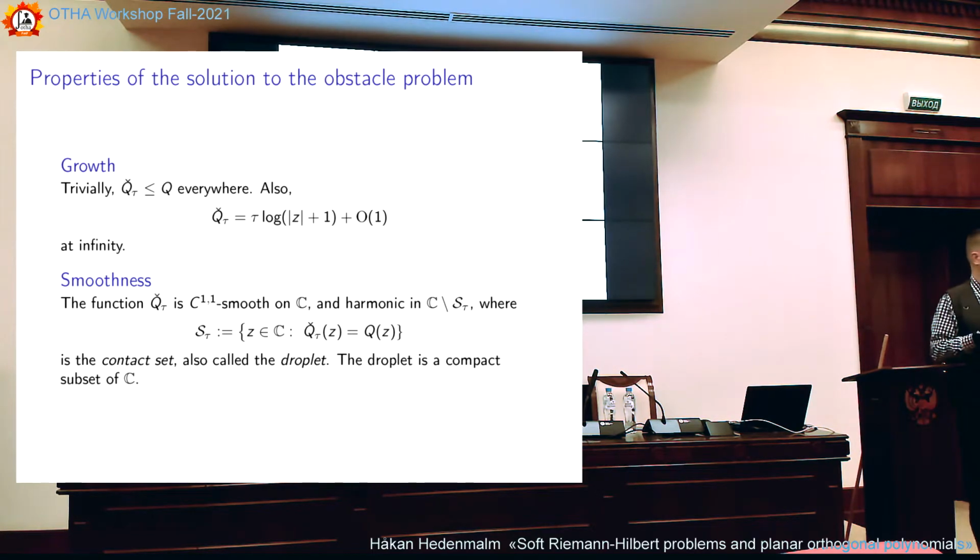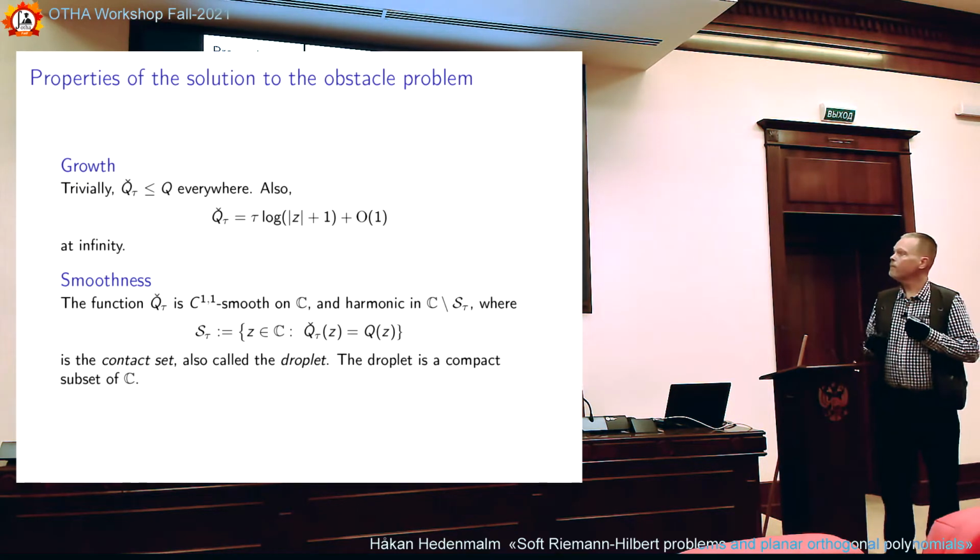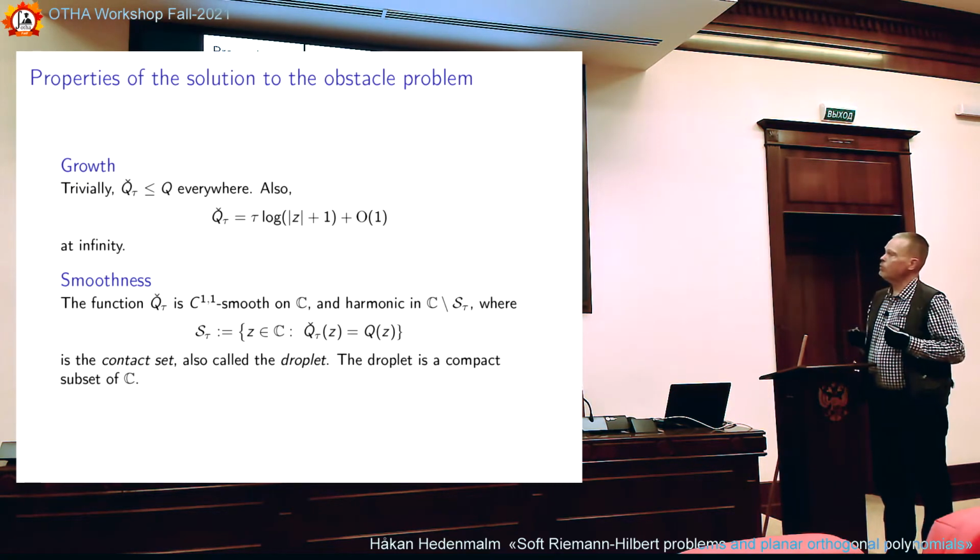It's the contact set for the obstacle problem. You try to reach the given function from below with subharmonic functions. Sometimes you reach it, and sometimes you cannot, if it's too far away. But you reach it on the contact set, and that's the contact set we call the droplet.